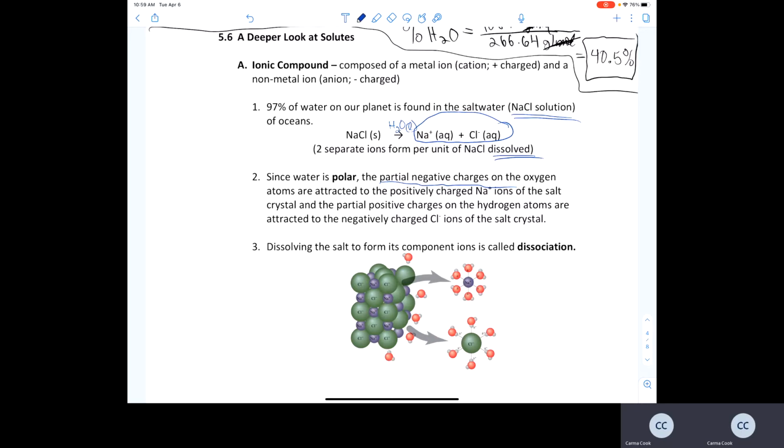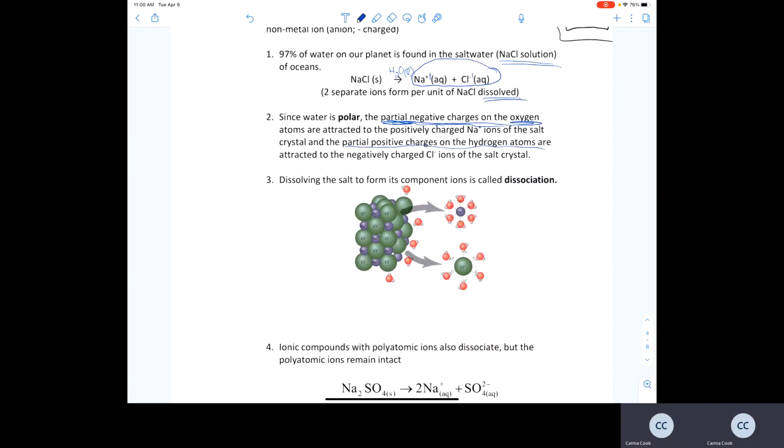What causes them to be dissolved in the water is that the +1 charge of the sodium is going to be attracted to the partial negative charge on the oxygen of the water. The -1 charge chloride ions are going to be attracted to the partial positive charge on the hydrogen atoms of water.